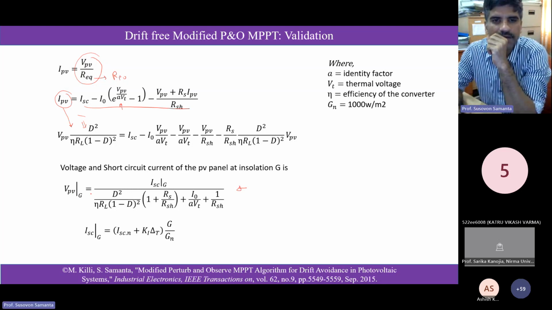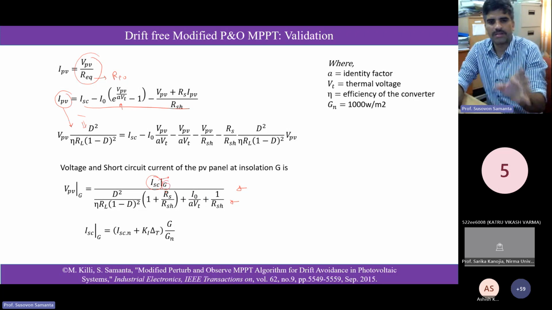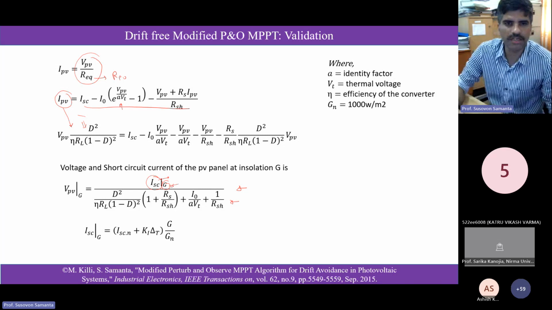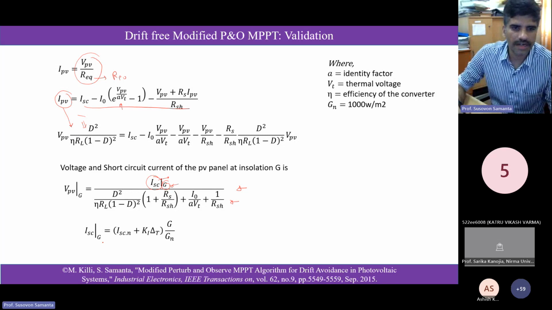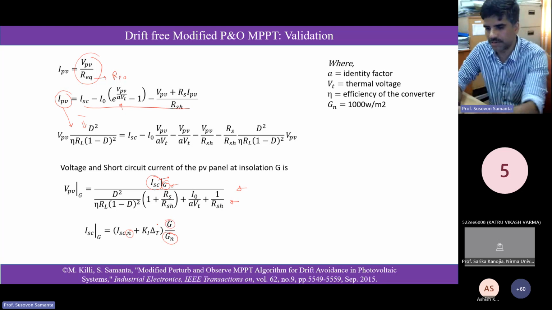That V_PV, the panel voltage, is basically I_SC divided by this whole function. Now this I_SC depends on the irradiation. G represents the irradiation, and I_SC,G is basically the STC condition irradiation, with a difference in the temperature. This is the STC 1000 watt per meter square, and this is any other irradiation level.